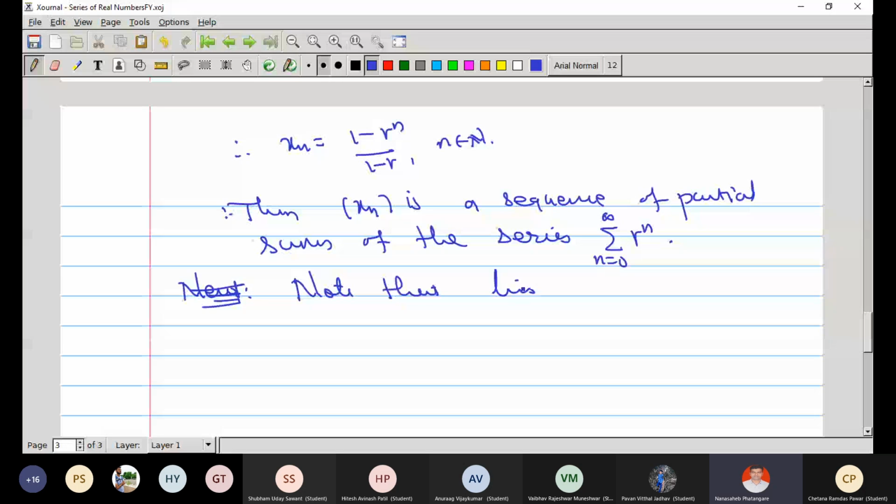Next, note that. What is the limit of r raised to n as n tends to infinity, where r is a real number?